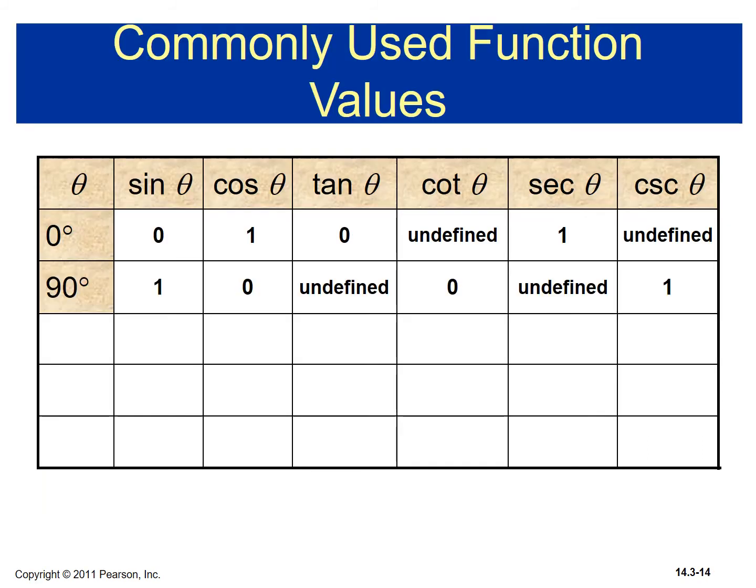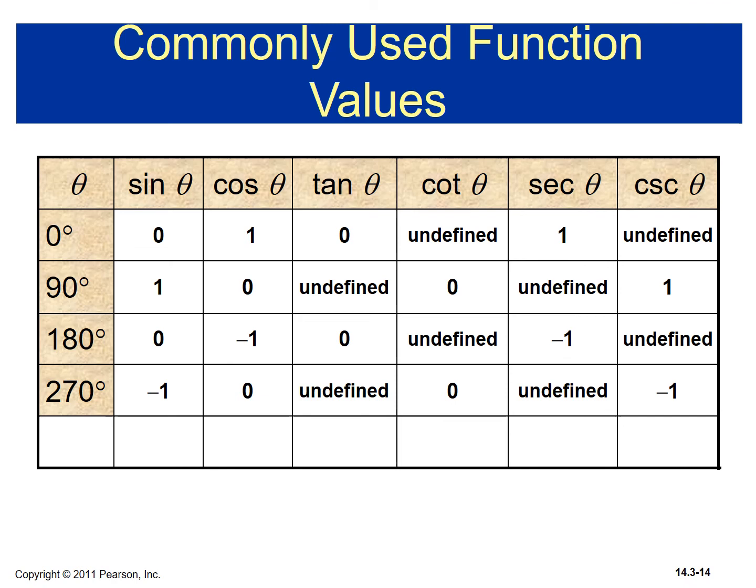So here's a little chart that we can use. And you're going to be looking at quite a bit of this next year in pre-calculus. Once you have your sine figured out, sine of 0 is 0, for a 0-degree angle, right?